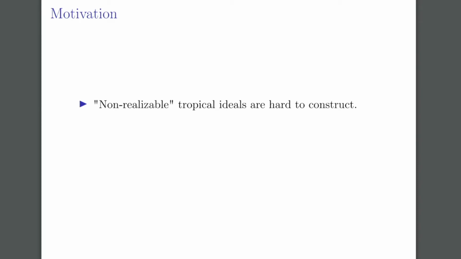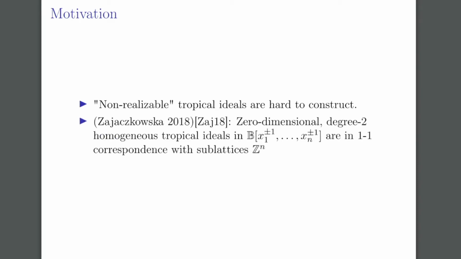Another thing that we're interested in for this paper is that Maclagan and Zajaczkowska, in her PhD thesis, showed in 2018 that if I'm looking at zero-dimensional degree 2 homogeneous tropical ideals in n variables, then there's a one-to-one correspondence between these ideals and sublattices of Z^n.